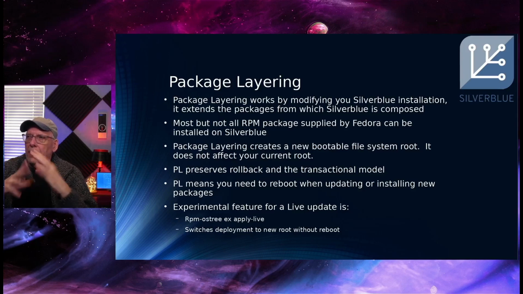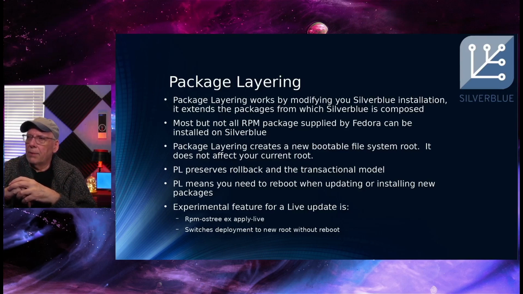Now, there is an experimental feature that allows for a live update. In other words, once I'm finished building this new layer, I can execute a command called rpm-ostree apply-live, and that will then switch this one into my current distribution path.